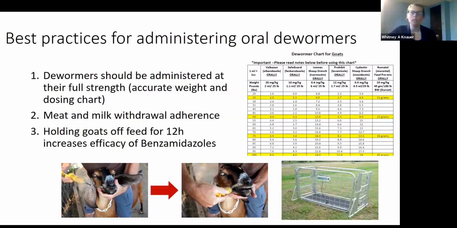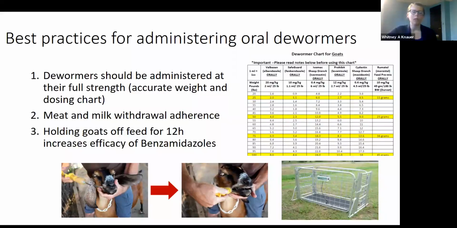Which is really important, because the doses that are on the bottle aren't always the dose that is effective in our small ruminant species. So for example, for goats, fenbendazole is labeled at half the dose that we would actually want to give our goats. Goats just metabolize things a little bit faster than sheep do. Another important thing is to make sure that we're drenching them appropriately.